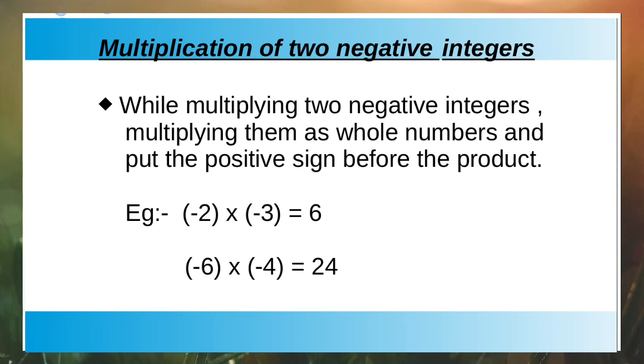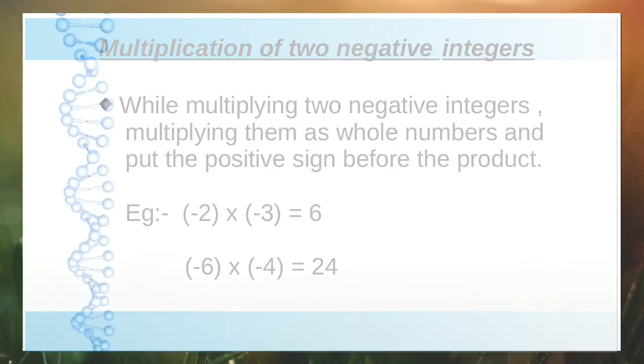Multiplication of two negative integers. While multiplying two negative integers, multiply them as whole numbers and put the positive sign before the product. Example, minus 2 into minus 3 is equal to positive 6.